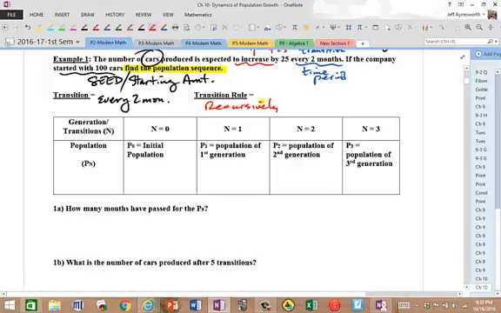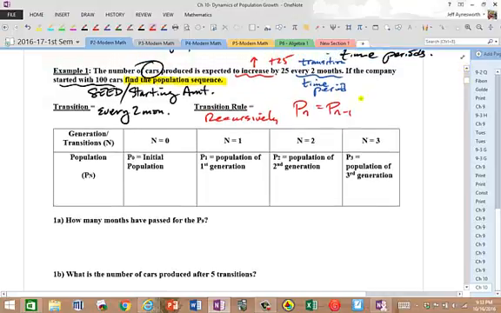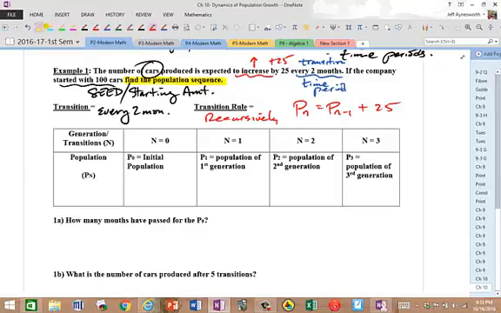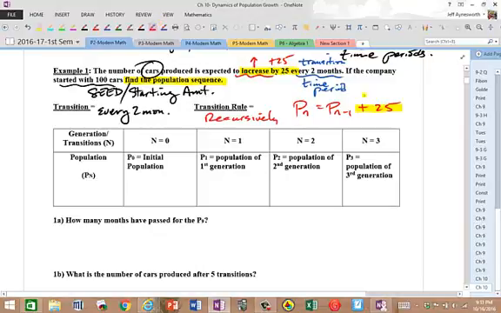Recursively, the transition rule, all right, P sub n is going to be equal to the previous population, P sub n minus 1, and if it's increasing, it's going up, so we're going to use addition here by 25, all right? It's increasing by 25, so obviously we're adding 25 to the previous one, and you guys already know this, P sub n minus 1 represents the previous population. So you just keep on adding 25.